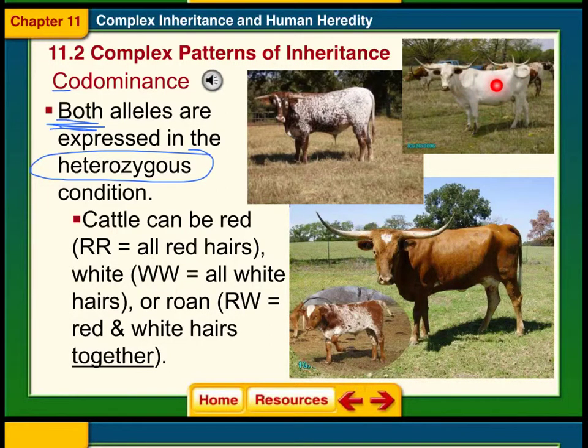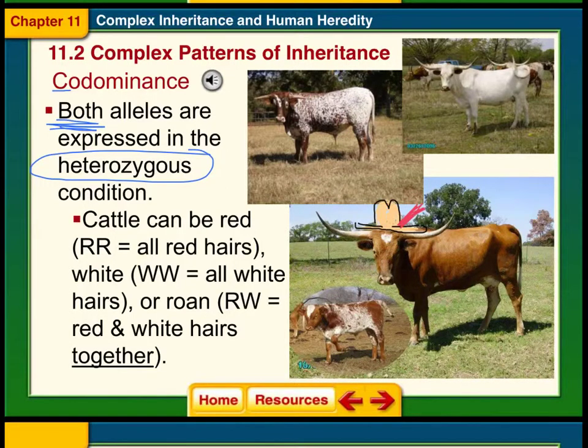And then we have a third phenotype for all you Johnny Cash fans. This is the roan color that they talk about in country songs, and that is this right here. We have the capital R and the capital W. Both of them are shown as dominant because both of those phenotypes are expressed together, and you get this roan cattle or cow right here.